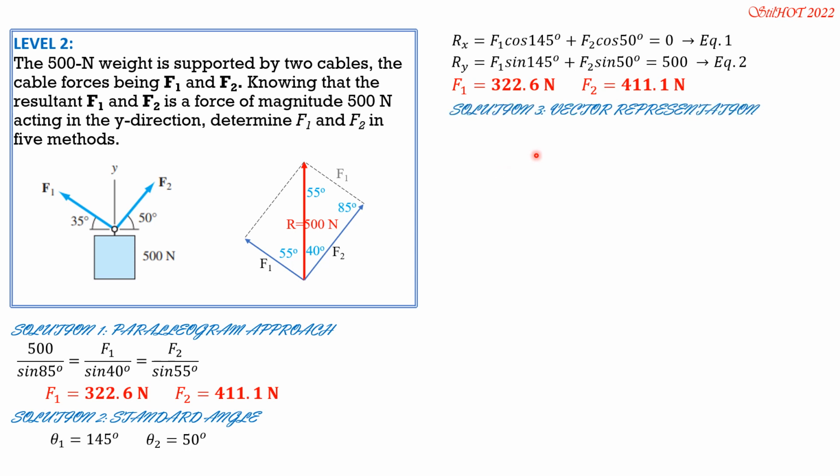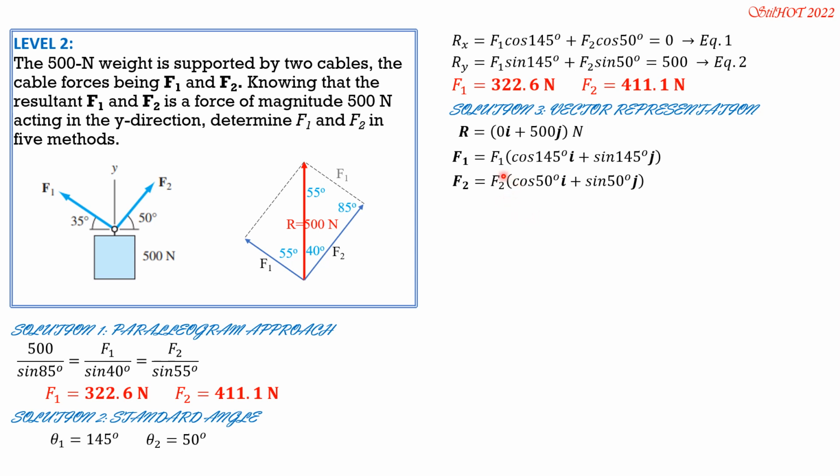Solution 3, by vector representation. R is 0i, that's why the x component is 0. Then the y component is 500 newtons. F1 in vector form is the magnitude of F1 times the quantity cosine 145 degrees i plus sine 145 degrees j. F2 is the magnitude of F2 times the quantity cosine 50 degrees i plus sine 50 degrees j.